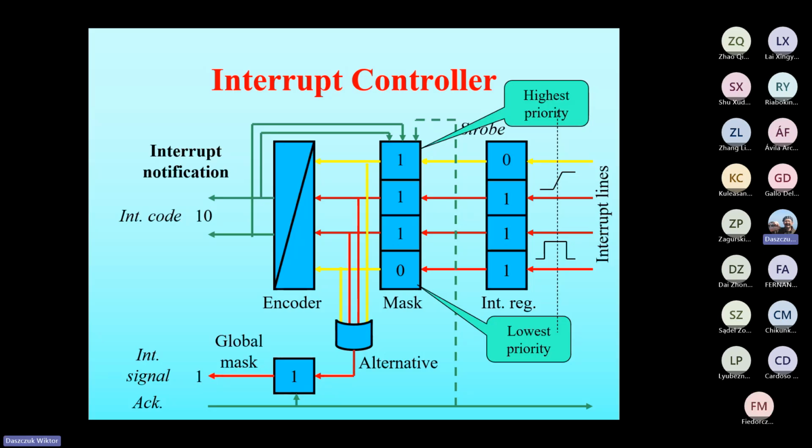Green lines are not directly connected with the interrupt. So we have 3 lines in active state and 1 in passive state. I do not say 1 or 0 because in many computers the interrupt's active state is 0, not 1. So it's better to say active state than 1 or 0.